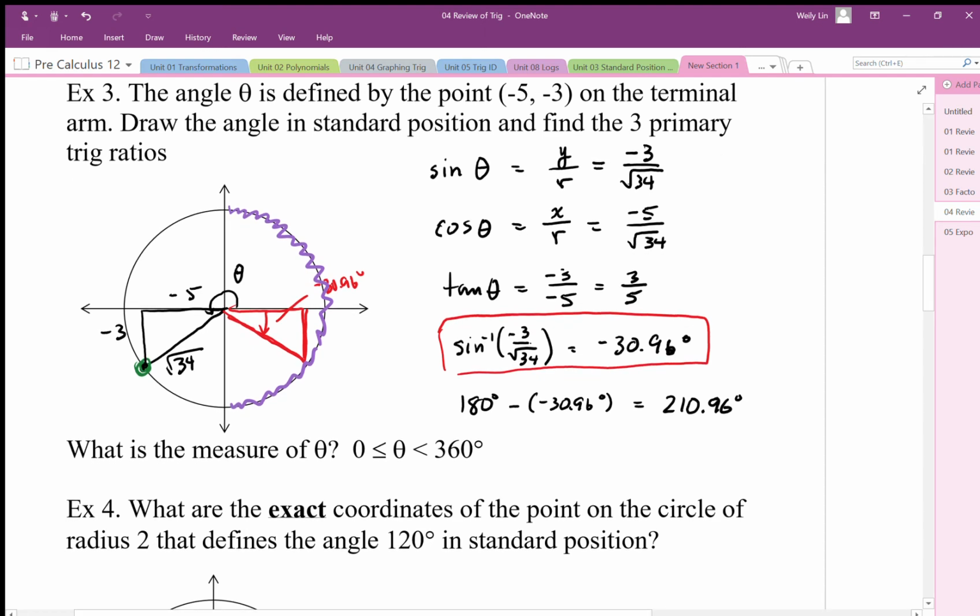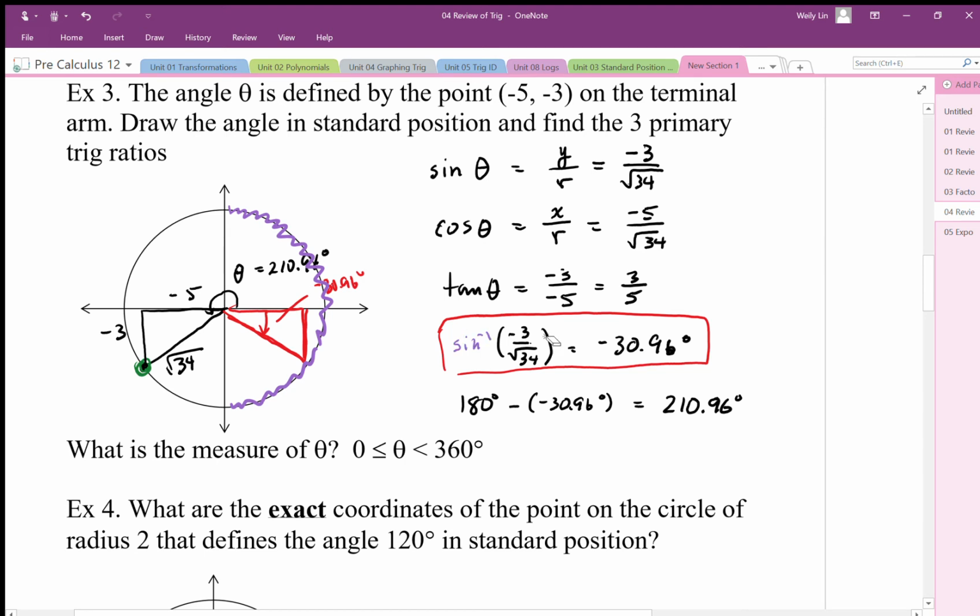So the angle that I wanted here, theta, is equal to 210.96 degrees. The thing to make note of is that this arc sine always gives me angles in quadrants 1 or 4.